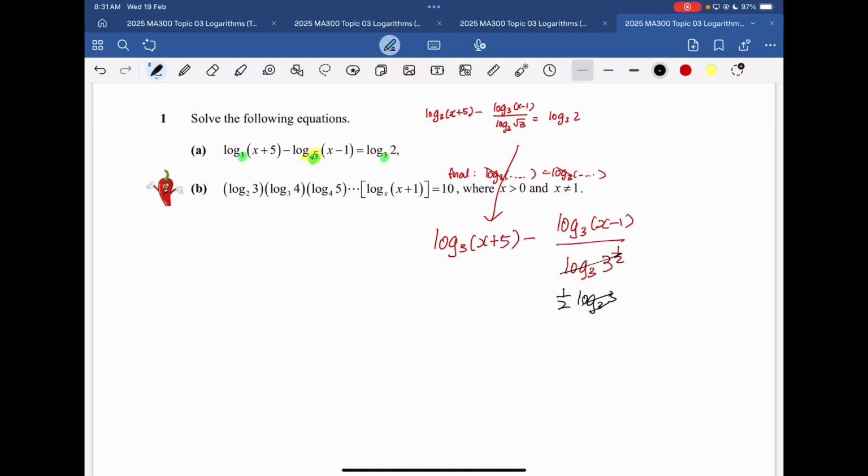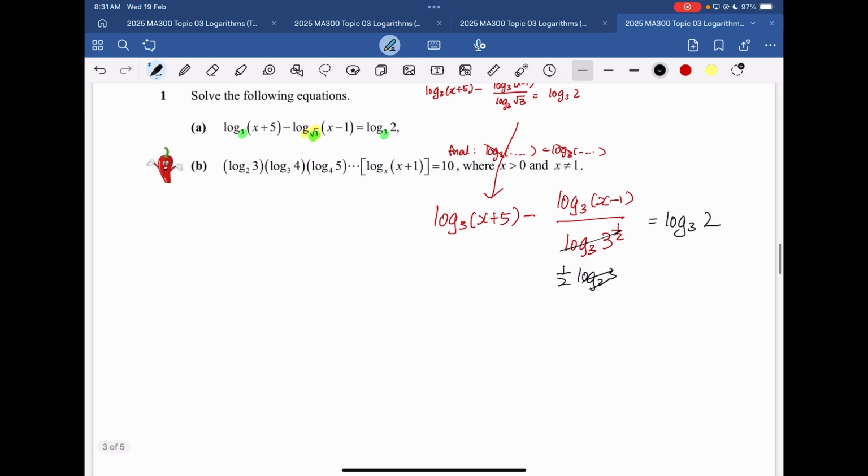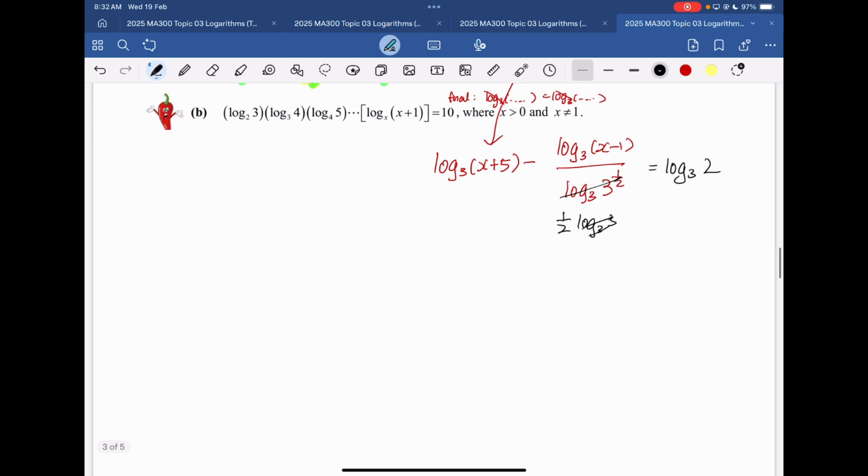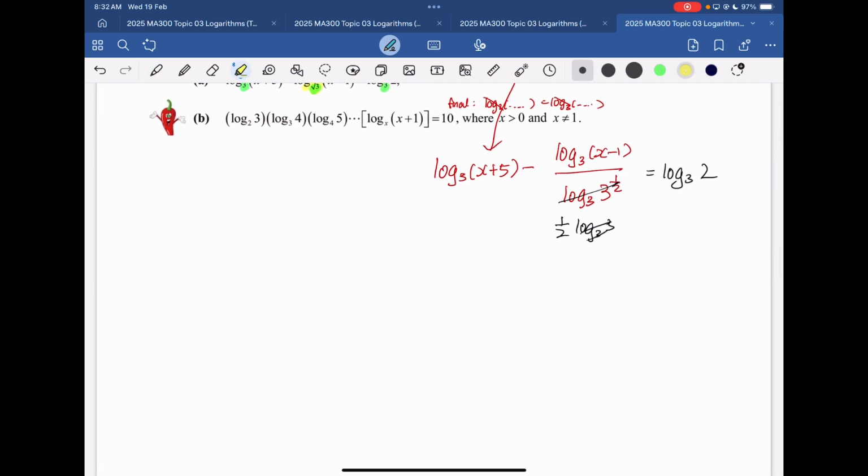Okay, so this is the same as log base 3 of 2. Is that okay? So when you divide by half, it's the same as times 2. So it's the same as log base 3 of x plus 5 minus 2.